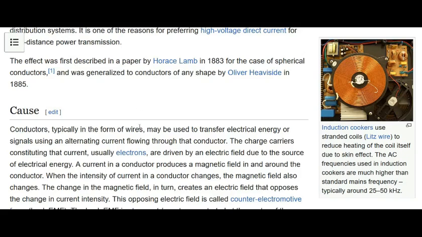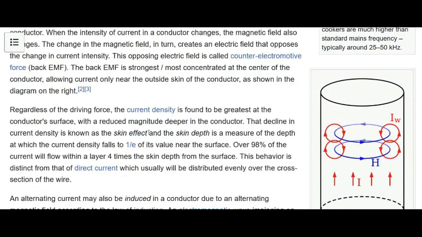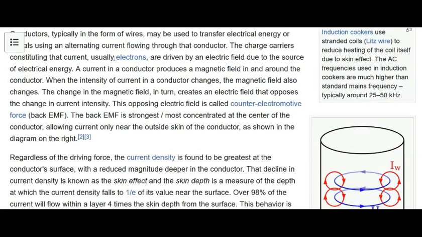And just to cover one more thing here, it's caused by the same thing that's causing your back EMF spike. That a current in a conductor produces a magnetic field. This time it's in and around the conductor itself, where when the intensity of the current in the conductor changes, the magnetic field changes, and this creates an electric field that opposes the change in current intensity.